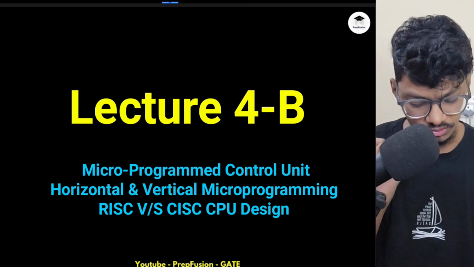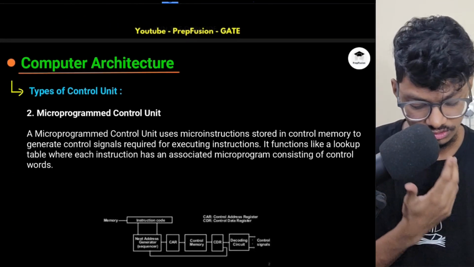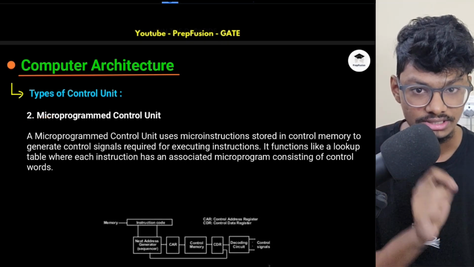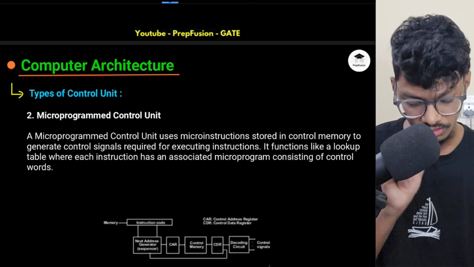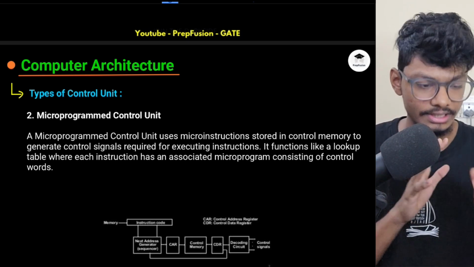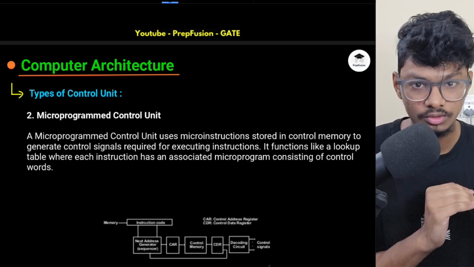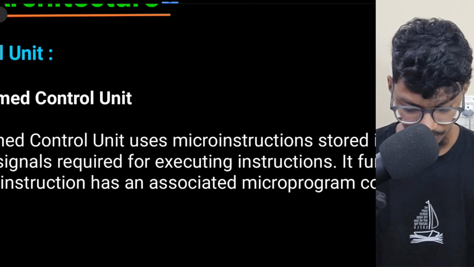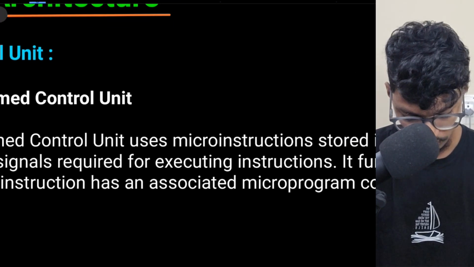Okay. So what is a microprogrammed control unit? Microprogram, as the name suggests, is programmed within the CU, within the CPU. Here in our control unit itself, we have a memory known as control memory.